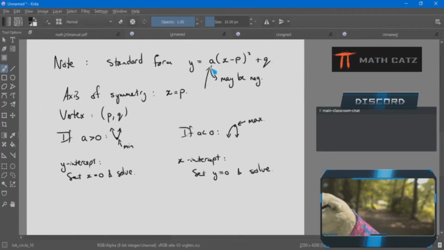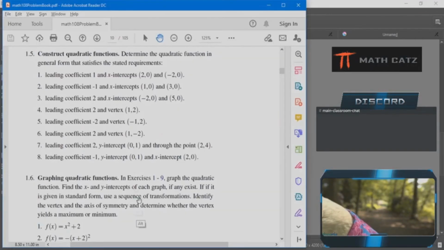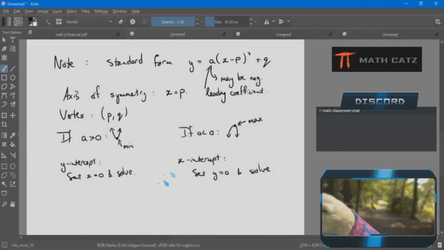Here, A. Leading coefficient. There we go. Leading coefficient in 5 has to be -2, and I have a specific vertex. And those things are all the things that I see in my standard form.